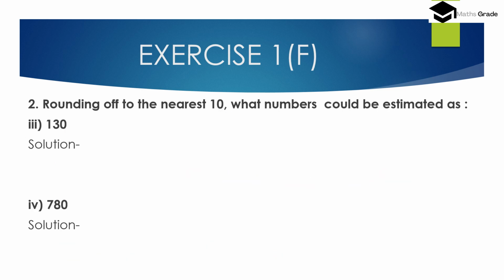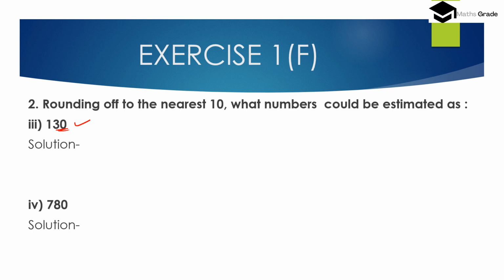Now the third part, 130. We have to find the numbers which, rounded to the nearest 10, give 130. If the unit place digit is more than 5 or less than 5. Here in 30, the unit place digit is 0 and the tens place digit is 3.